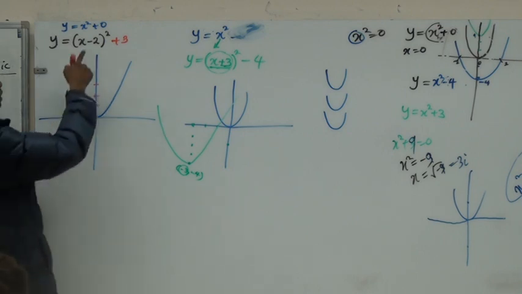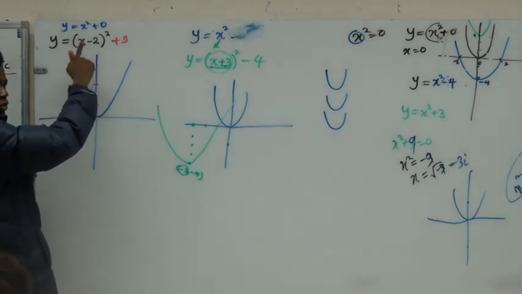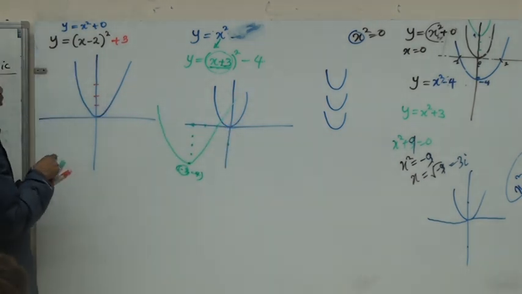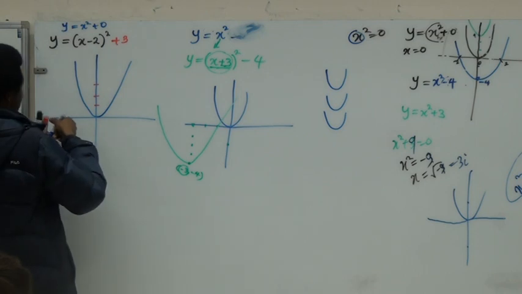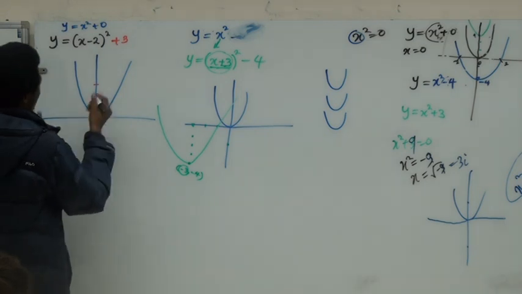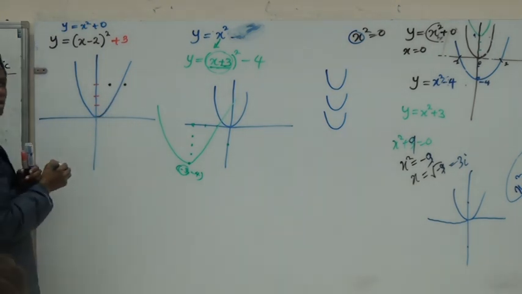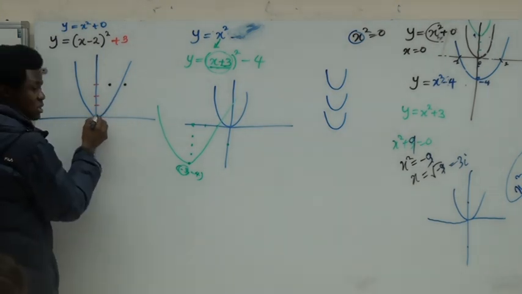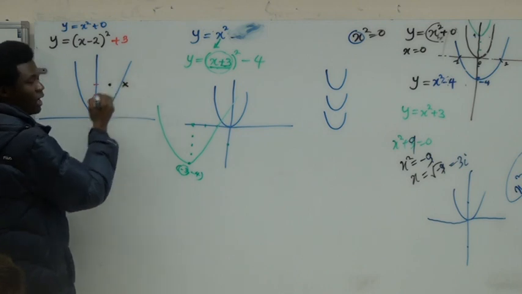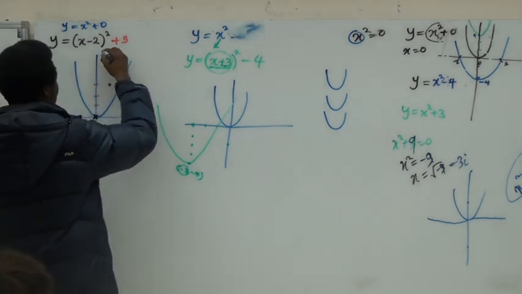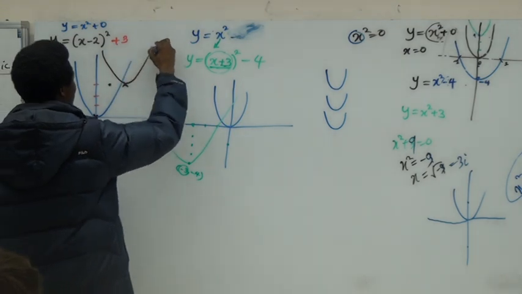Then minus 2 is on the right. How many steps? 2 steps. Are you with me? 2 steps to the right. 1, 2, for example, like that. So it means this spot is now here. Then it's going to look exactly like this.